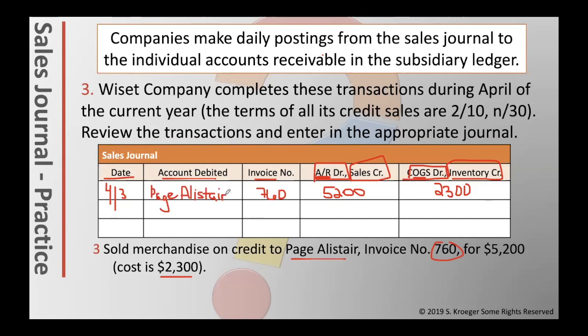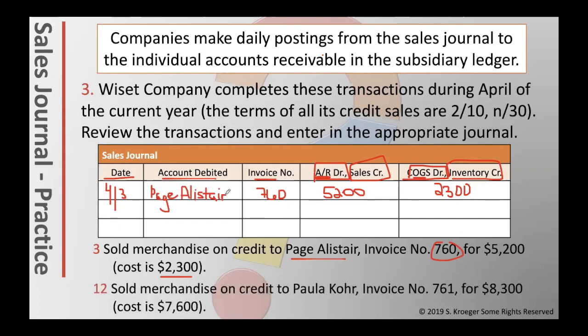The next entry we'd have for the sales journal was from the 12th. Sold merchandise on credit to Paula Core, invoice 761 for 8,300. The cost is 7,600. We're going to be filling this in exactly the same way for 12. Invoice number 761.